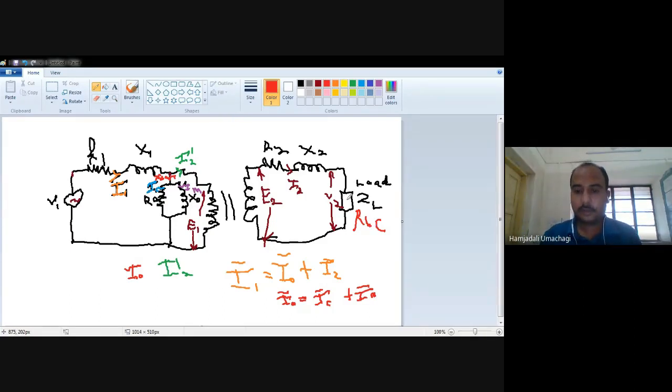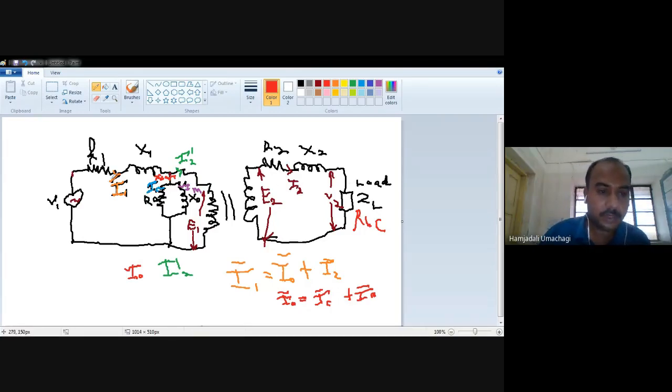This is the point where we connect the load, and the voltage available across the load is V2, and the current flowing through the load is the secondary current I2.